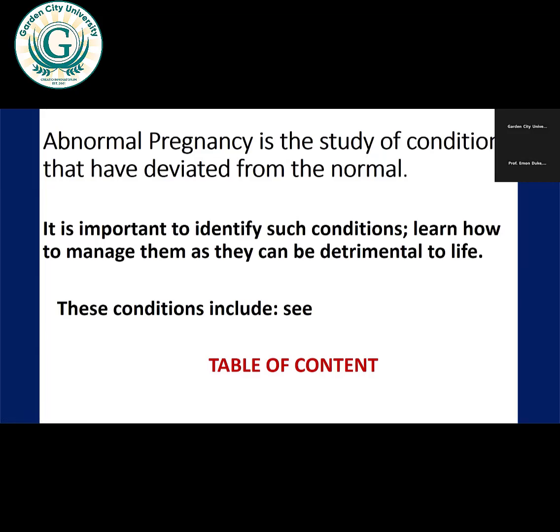Abnormal pregnancy is the study of conditions that have deviated from the normal. And so it is important to identify such conditions. When you identify them, what do you do?